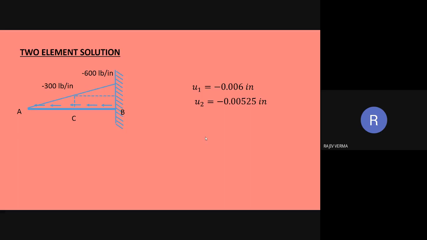What I want to say is that both the elements are now being subjected to constant stresses, which basically are not equal. So these are the values of stresses: 750 psi, and for the other element it is 5250 psi.